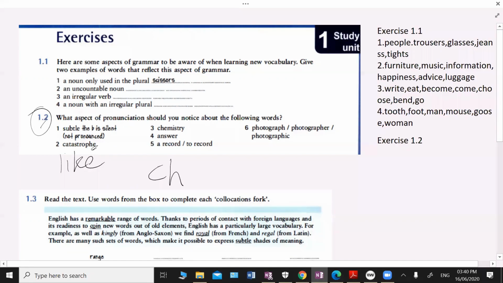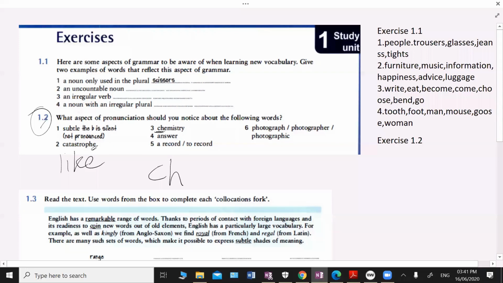Mostly when we pronounce this, like check, cheek, cheetah, chew. But when I pronounce this word, I say chemistry. It's completely different, right? I'm not pronouncing it in the normal way, not as chew. Like chemical, chemistry, chemical.